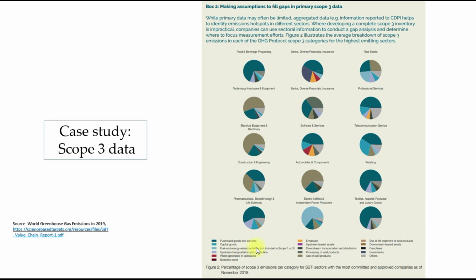They've been able to use their data of the most committed and approved companies as of 2018. Based on that data, they have a breakdown of the emissions within the sector. So we have technology, hardware, to software companies, to retail, and so on. Have a look at these sectors and you can see the breakdown. So you have, for example, purchased goods, capital goods, employee, upstream, and so on and so forth.